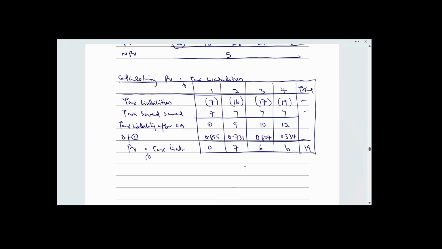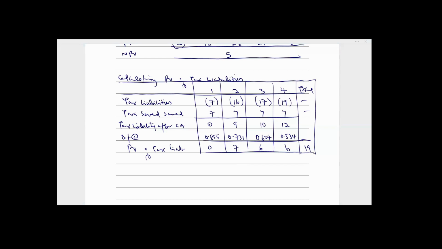Now that I have the PV of tax liability, what am I supposed to do? I will just go straight and calculate my sensitivity margin, and that's the end of the question. The examiner is asking by how much the tax rate will have to change before the project is not financially viable. That simply means sensitivity analysis.